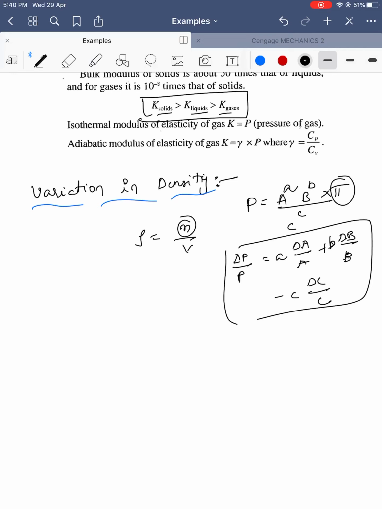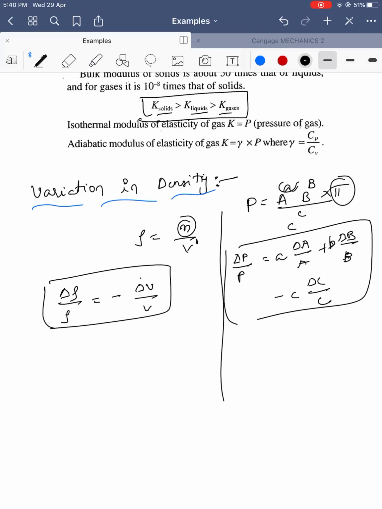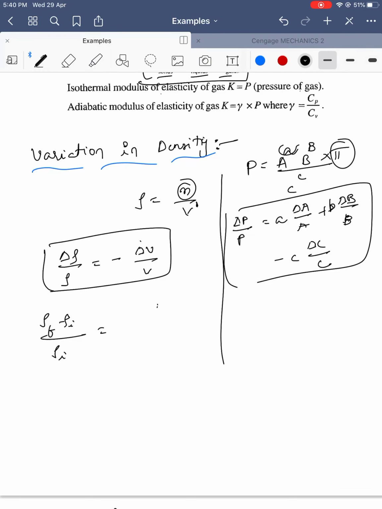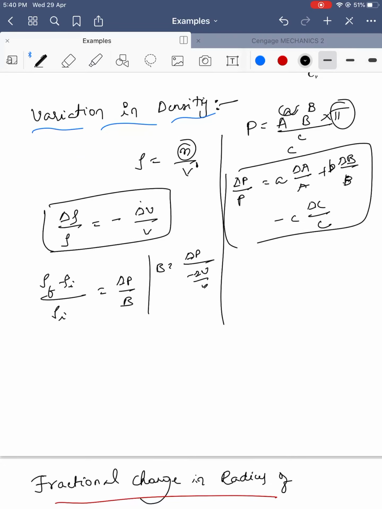Now you come to this part, mass remains constant. In this case, delta rho by rho is equal to minus delta V by V, because the exponent is 1; a, b, c represent the numbers. Now what is delta V? Rho final minus rho initial by rho initial is equal to minus delta V by V. We have bulk modulus, which is equal to delta P by minus delta V by V. I can write delta V by V as delta P by B, where B is the bulk modulus.